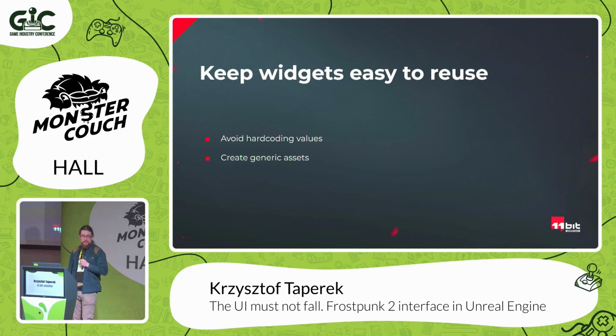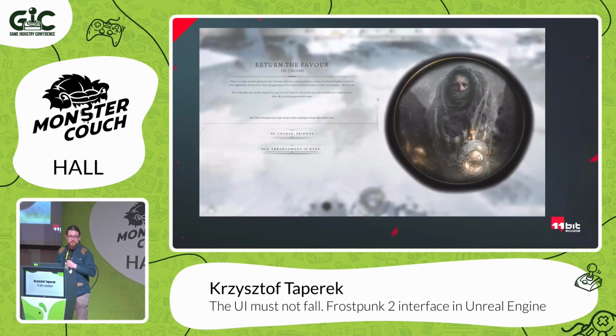And yeah, we are creating a lot of generic assets that we are using later, as I said, and we are trying to encapsulate logic to be able to just copy-paste it in another place, but that part is quite difficult. And if we don't do that, we have, for example, this panel, which is very simple. We have some illustration, we have 5 text boxes or something like that, 2 buttons, and it's very easy.